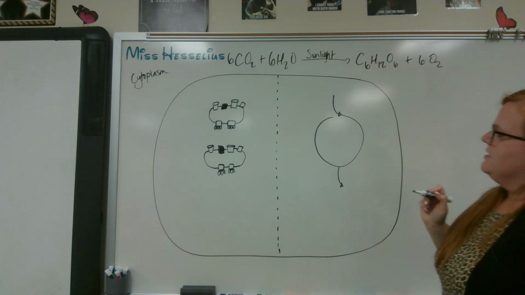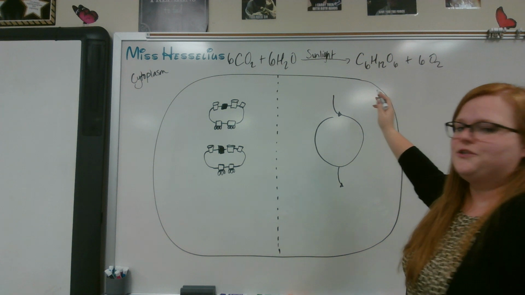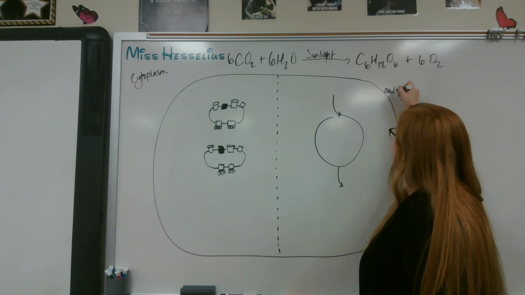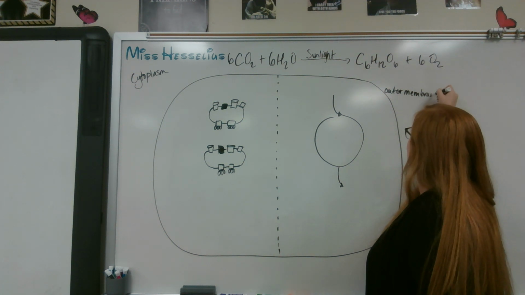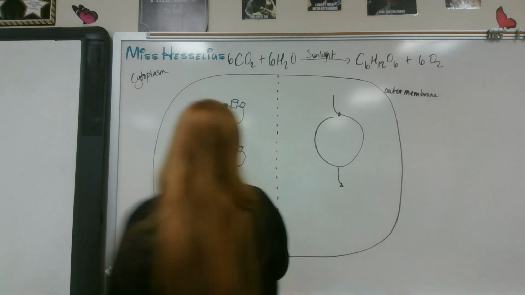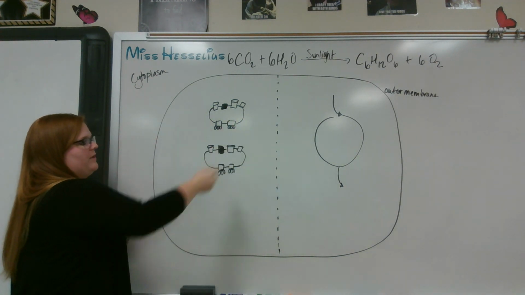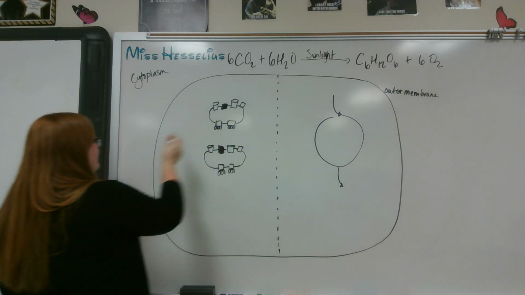Okay, so this is a chloroplast. Just like the mitochondria, it has an outer membrane. Unlike a mitochondria, it doesn't have one large inner membrane that's just folded up. It has several little pancake-looking things.